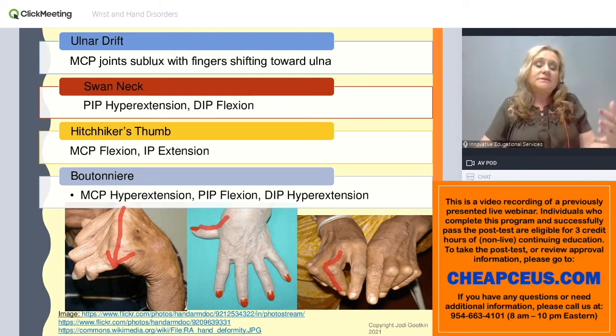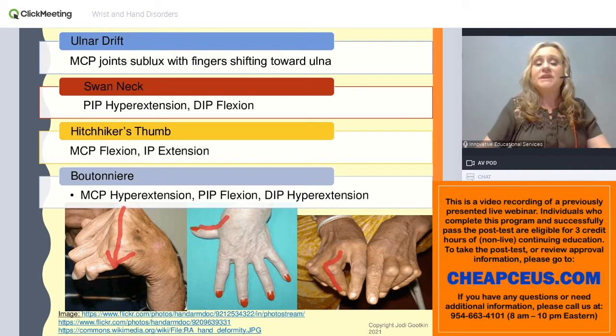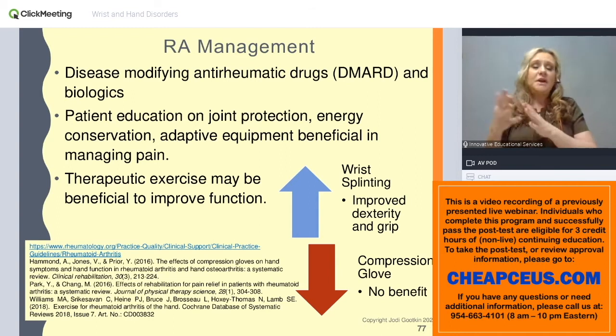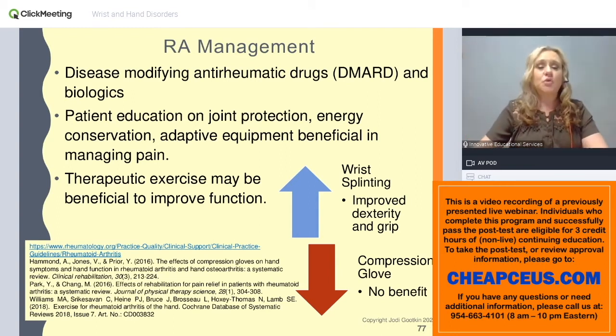It might be at some point where we just need to look towards adaptive equipment. Management for rheumatoid arthritis is going to be multifaceted, with medication to control the autoimmune component, and then our specific interventions of patient education, joint protection, and energy conservation along with equipment.